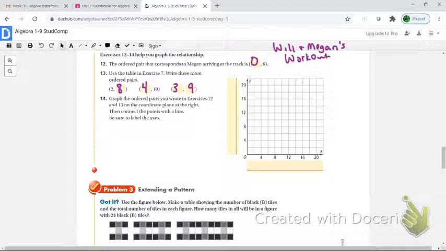Okay, they put a scale on here for each axis, the x-axis and the y-axis. Every square is 2. Now, Megan, we defined her number of laps to be x. So this is going to be Megan's laps. And we do want to label the axes, and this is going to be Will's laps.